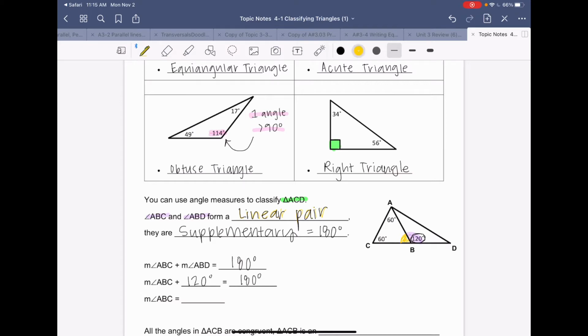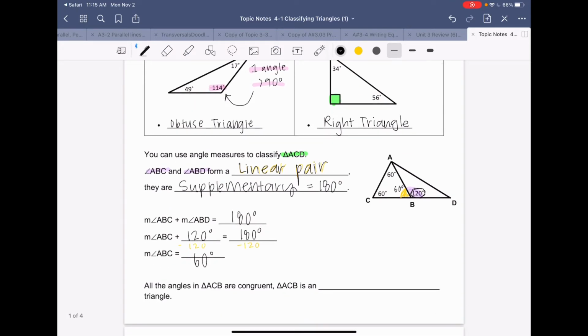Well, if we subtract that 120 from that 180, we're left with ABC equaling 60 degrees. Okay, so this one is also 60 degrees. Well, if all the angles in triangle ACB are congruent, then triangle ACB is an equiangular triangle.